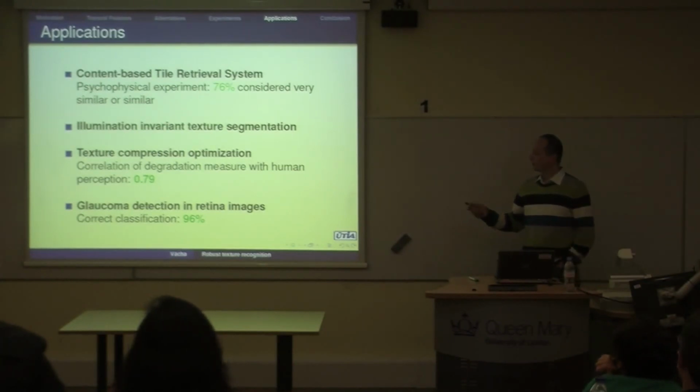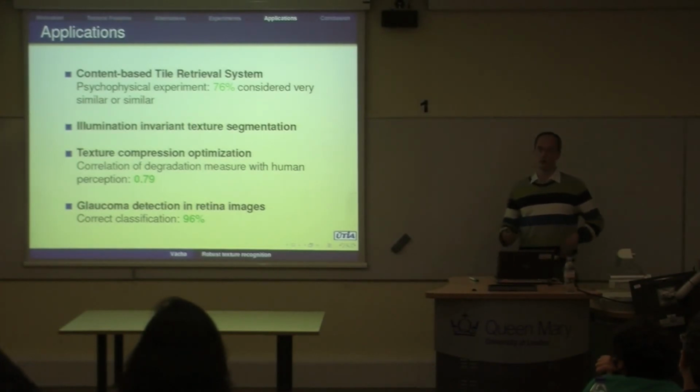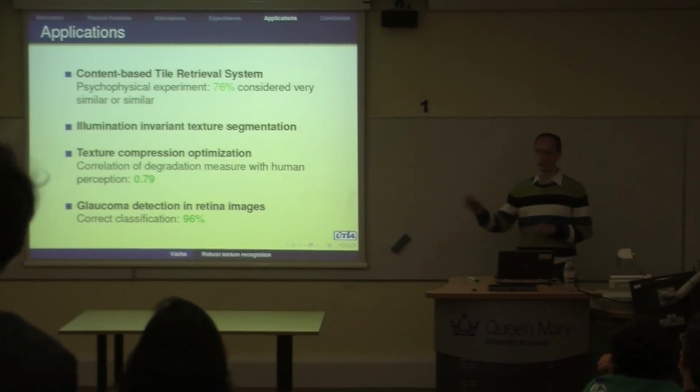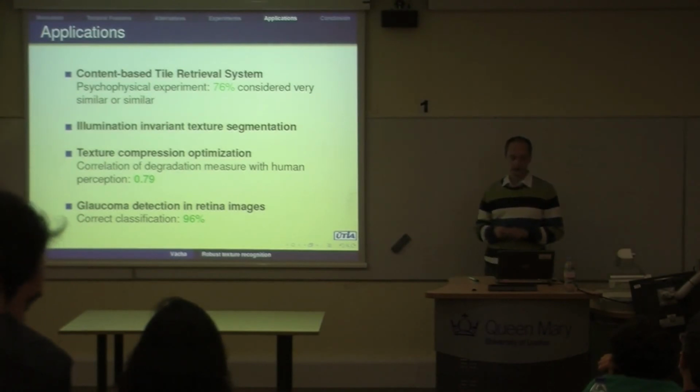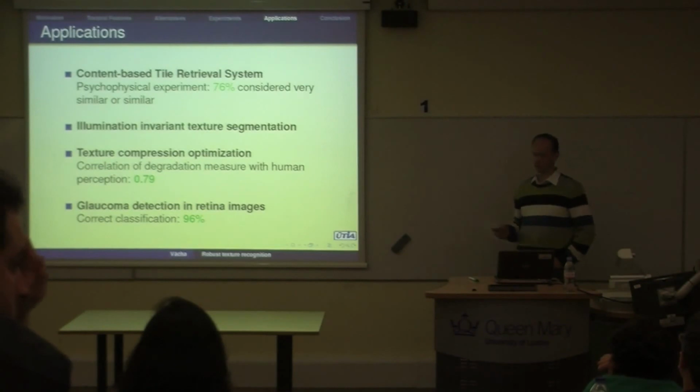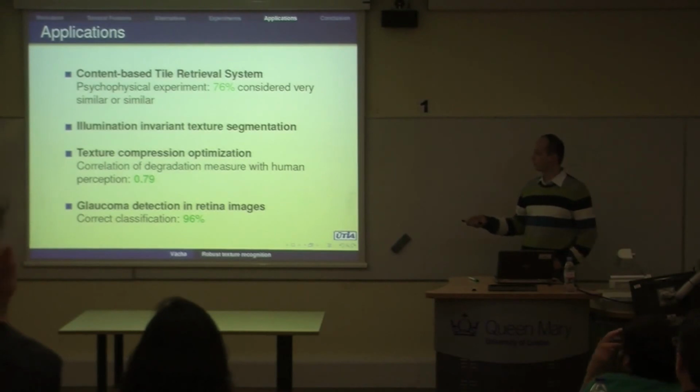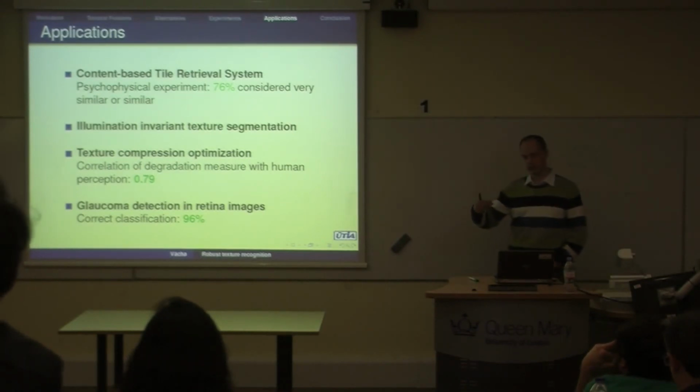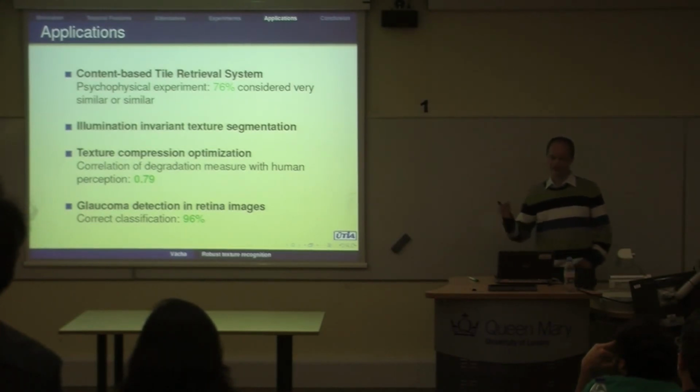A friend of mine did a psychovisual test where people were rating whether two textures look the same or different, this one was compressed. And we discovered that the features I have presented, or a slight variation of them, have a high correlation with human detection of the compressed texture, which means that the features can be used to predict and optimize the selection of these compression parameters.